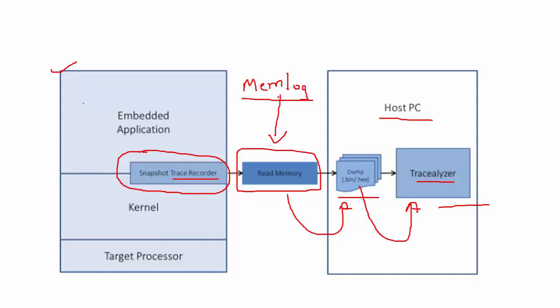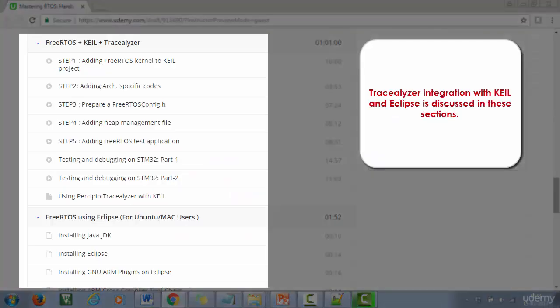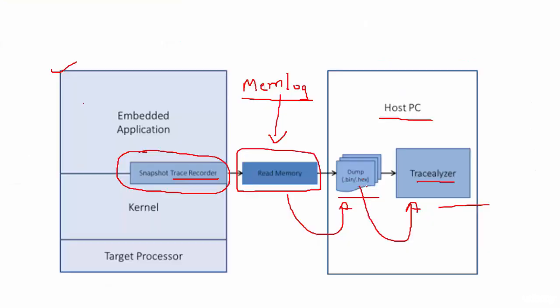Atmel Studio itself gives you a memory logger application. If you are using Eclipse or Keil, I have covered how you can dump the RAM contents into a file in those sections, so you can go there and check it out. The memory dumped file will be in hex format, and you will give it as the input to the Tracealyzer. All these things we'll see in the next lecture.